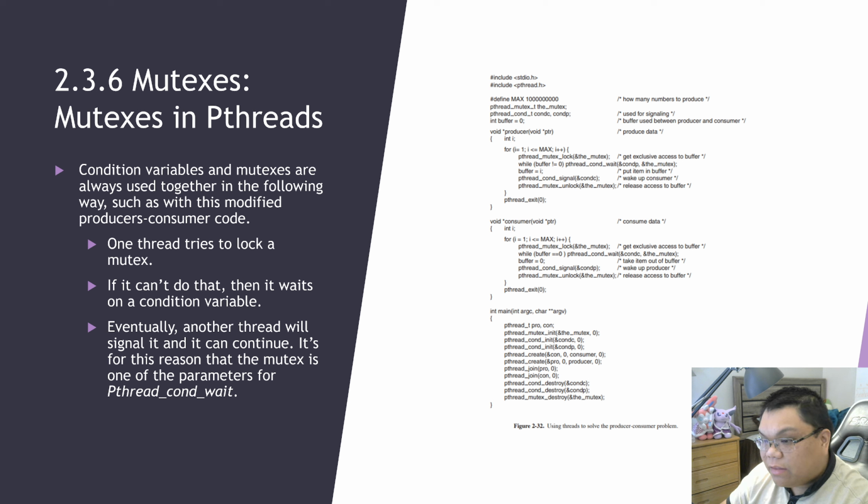Eventually, another thread will signal, and it can continue. It's for this reason that the mutex lock itself is one of the parameters for pthread_cond_wait. And I'd like for us to try this sometime soon, maybe as part of your next lab. We'll see.